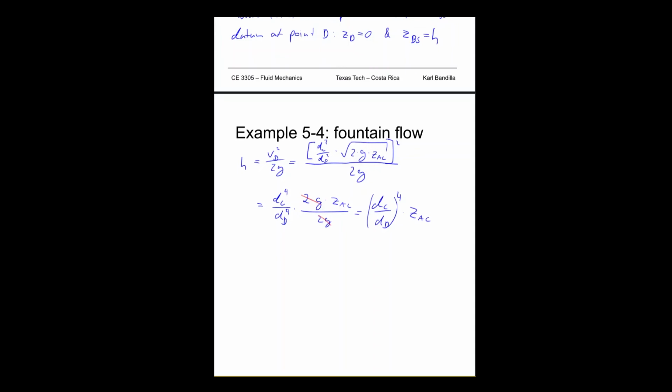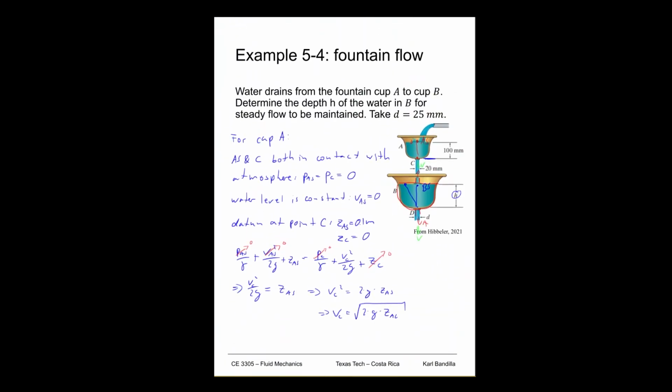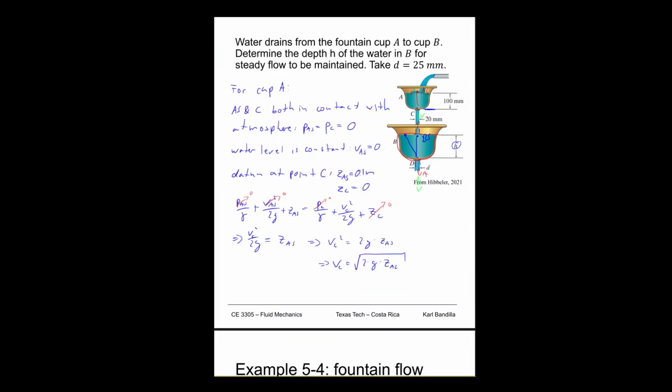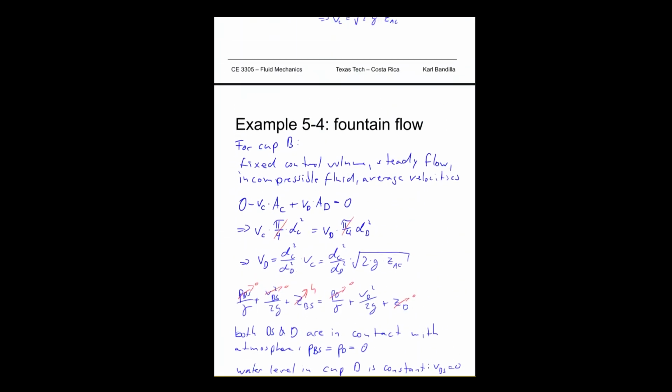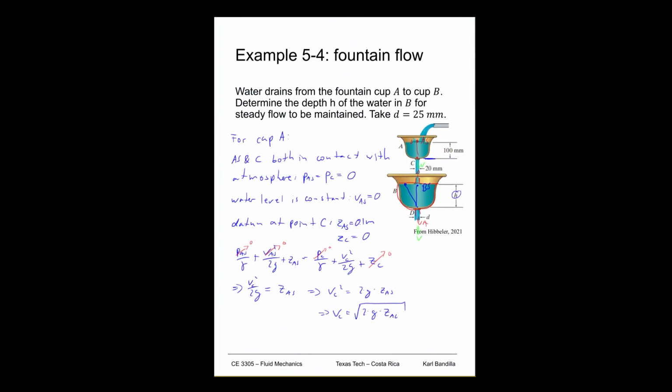All right, so if we plug that in, our DC was 20 millimeters and DD was 25 millimeters. So that would be 20 millimeters, which is 0.02 meters, divided by 0.025 meters to the fourth power, and ZAC, that's not a C, that's an S. Good that I can't read my own handwriting.